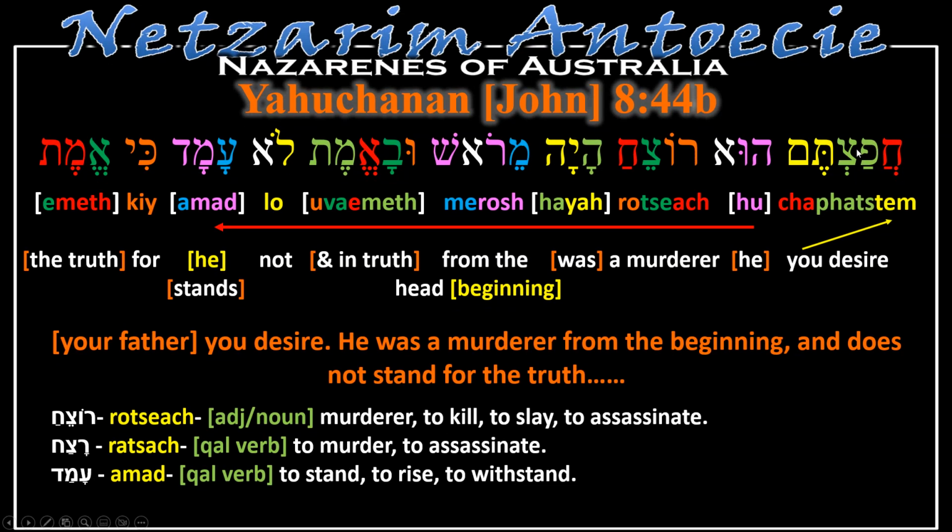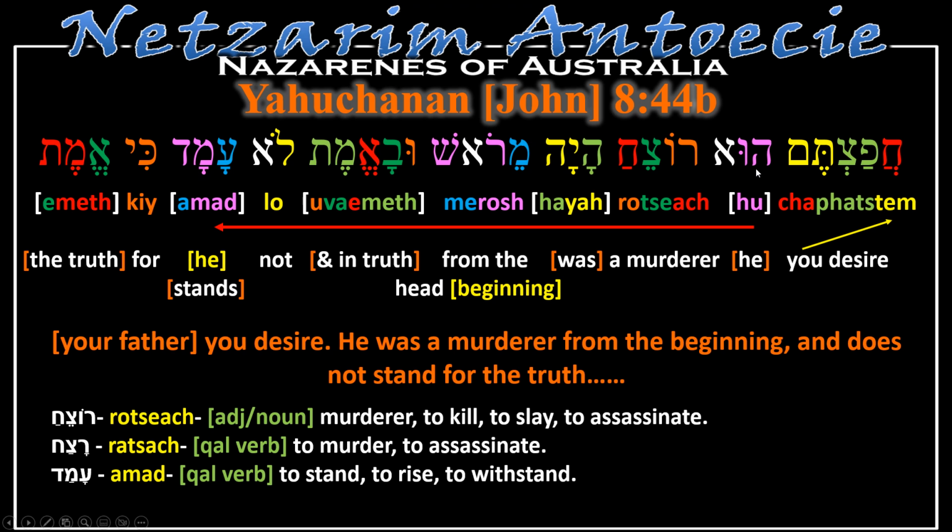And we come to 44b, and we have a chet, fe, zade, tav, mem sofit, hey, vav, aleph, resh, vav, zade, chet, hey, yod, hey, mem, resh, aleph, shin, vav, vet, aleph, mem, tav, lamed, aleph, ayin, mem, dalet, kaf, yod, aleph, mem, tav. And we read it. Chafatztem, chafatztem, your desire.